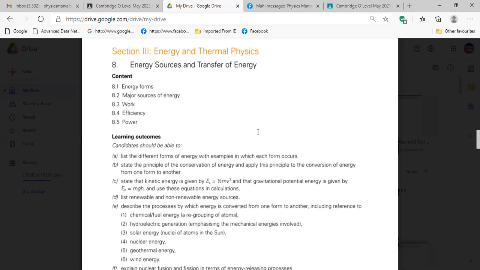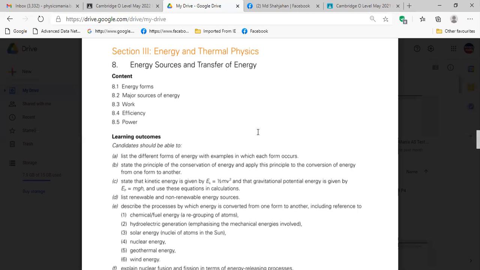So write the definition: the energy source which cannot be reused once, then comma, once it is used, it's over. Sir, done.